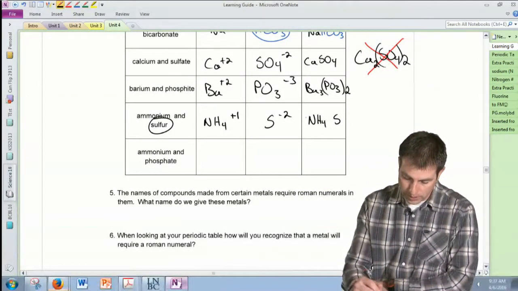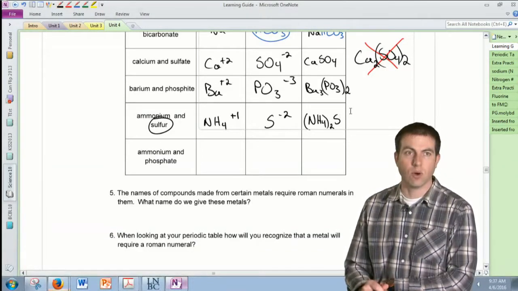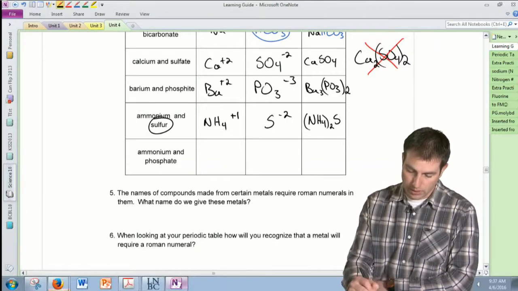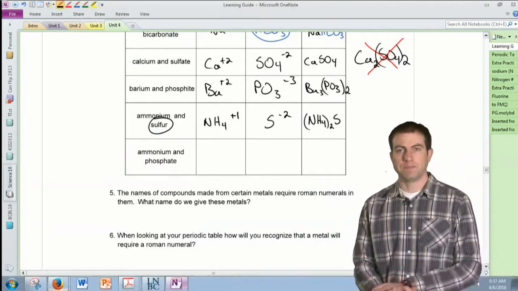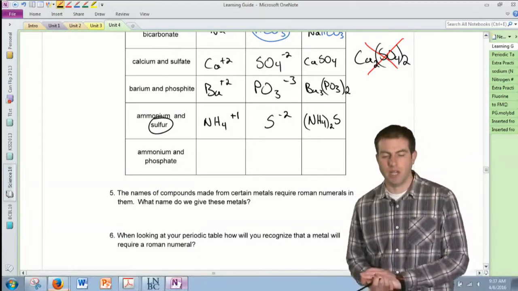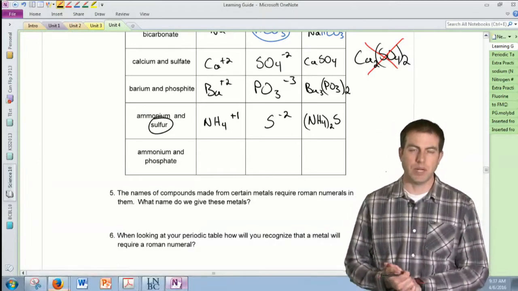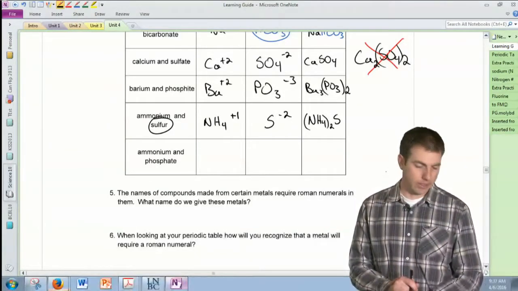What I want is 2 groups of that NH4 molecule, or ion. And then there's 1 of this S, but I don't write in my 1s. So that's a bit of a tricky one. Ammonium comes up enough that you should be able to recognize it as being a polyatomic ion.